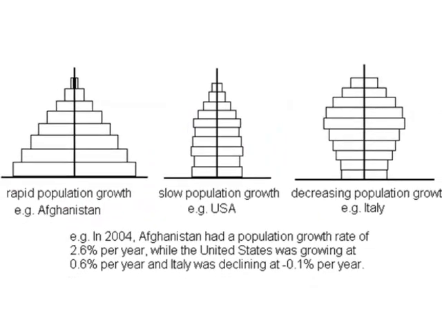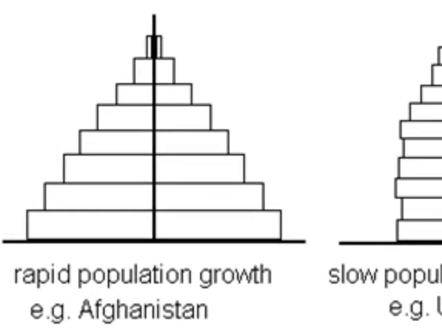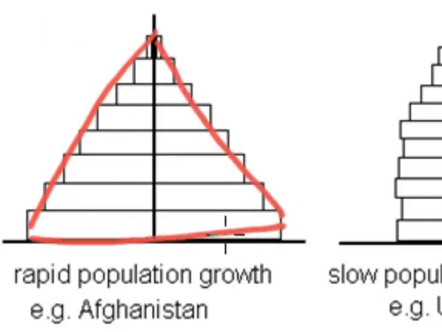There are basically three main types or shapes of age gender pyramids. You can get the pyramid that is in the typical pyramid or triangular shape, and this shows rapid population growth.